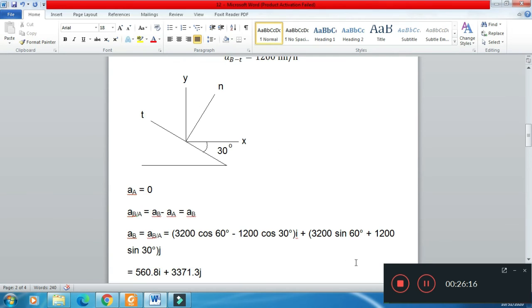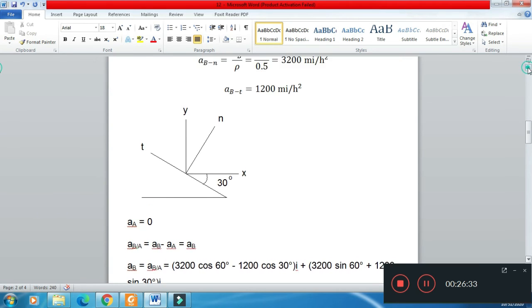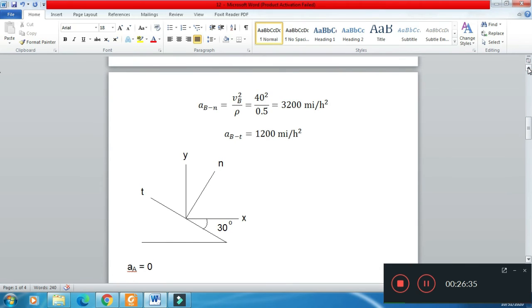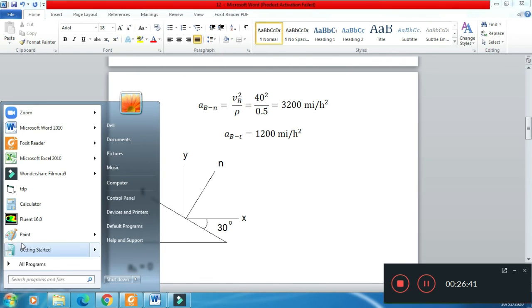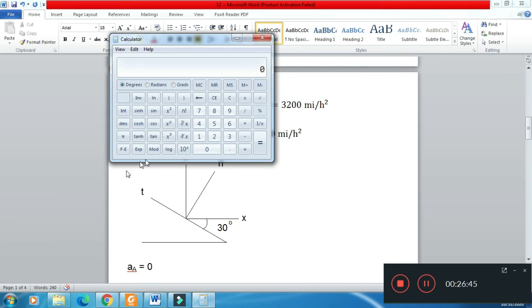We can also solve the same problem, or we can obtain the magnitude and direction of acceleration using the normal and tangent components. Suppose we have normal acceleration 3200 and tangential acceleration 1200. We can determine the magnitude in the similar manner.